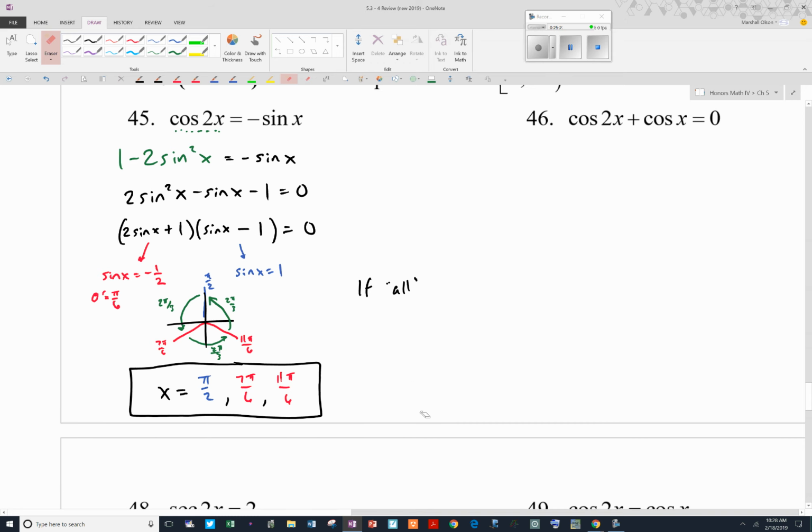You always want to start with the smallest acute angle, so that would be pi over 2. And then we would add multiples of 2 pi over 3, so 2n pi over 3. This would be the solutions if we were asked to find all solutions, which they're not in this problem, but I just thought that would be a good thing to talk about, simplifying those answers.